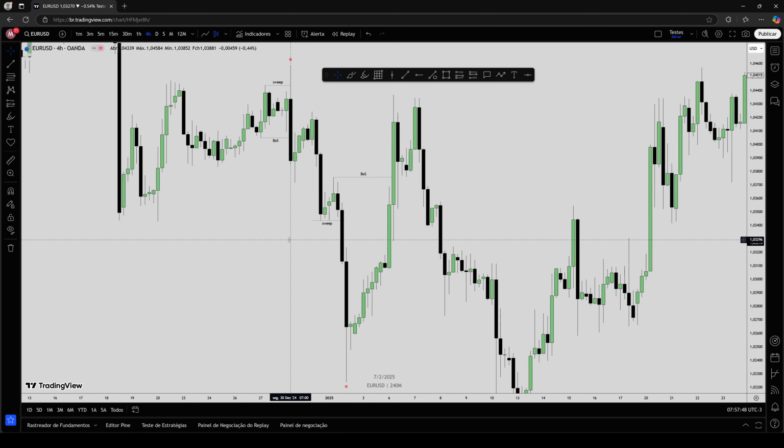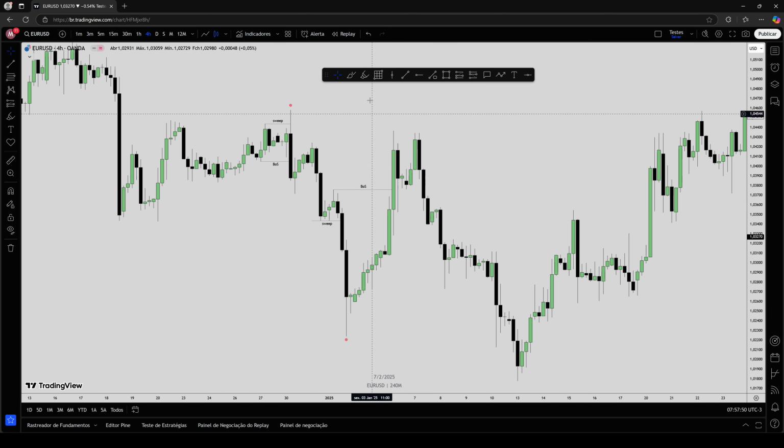At least in my mind, it gets easier to spot the right QM, the right high for the QM. The QM is just a sweep and then a BOS. We can call this a QM, or manipulation, whatever you want to call it. But we call this a QM.